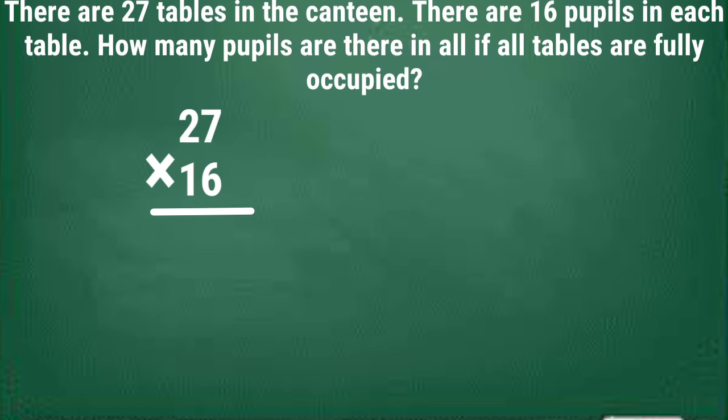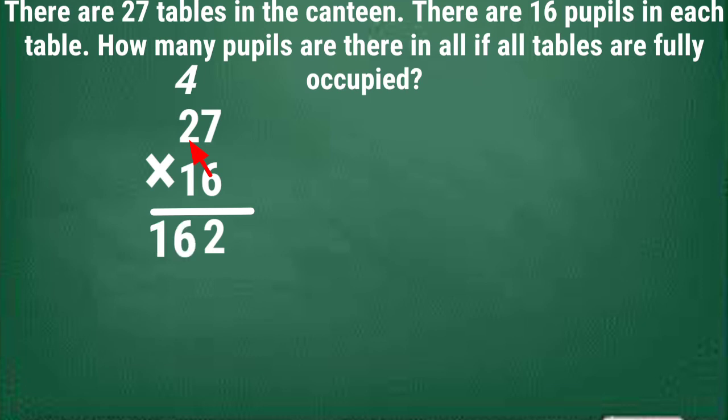We will multiply from the smallest place value. So 6 times 7 is 42. Bring down 2, carry 4 to the next digit to be multiplied, which is 2. So 6 times 2 is 12, plus 4 is 16.